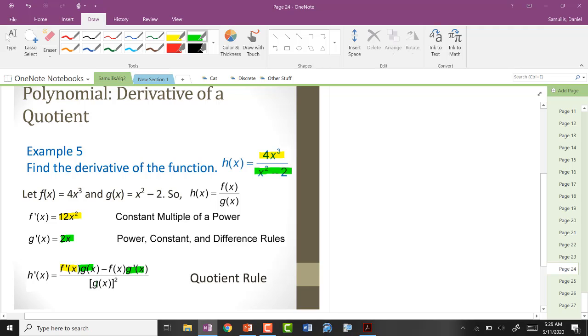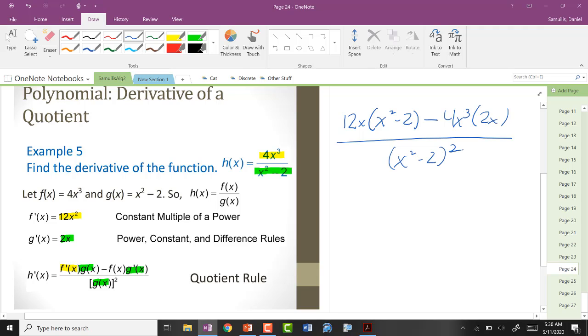And then we're just plugging that in. It is on the next slide, but what it would look like is 12x squared times x squared minus 2, minus 4x to the third times 2x, over x squared minus 2 squared.